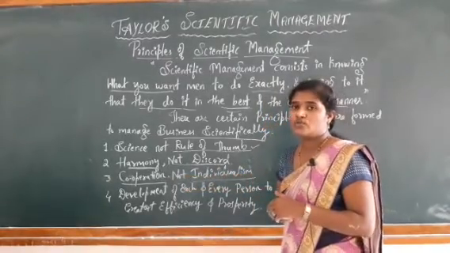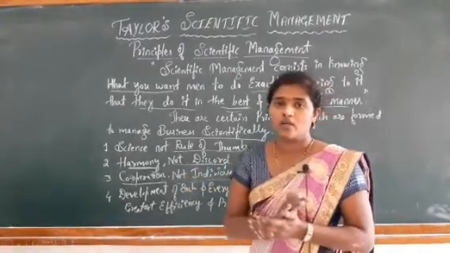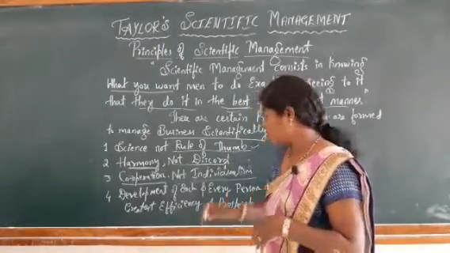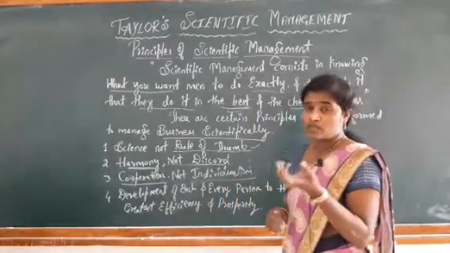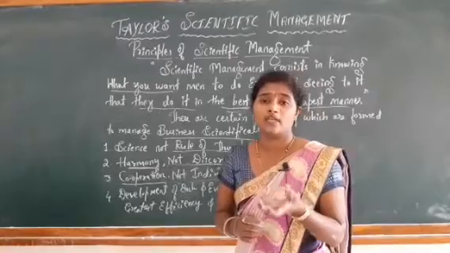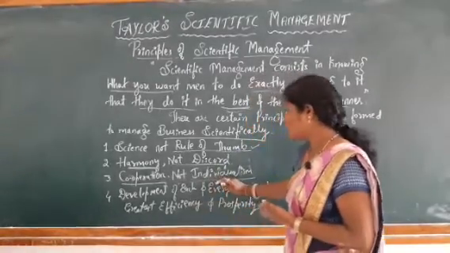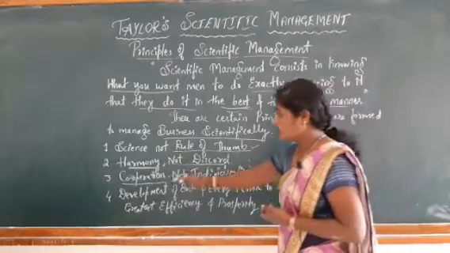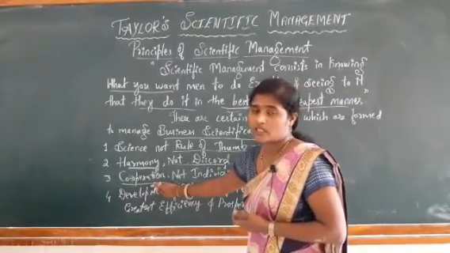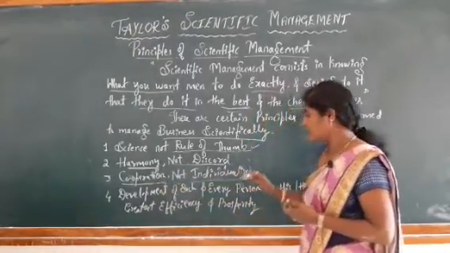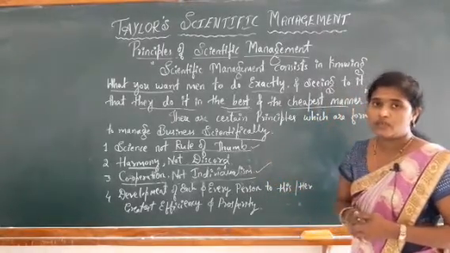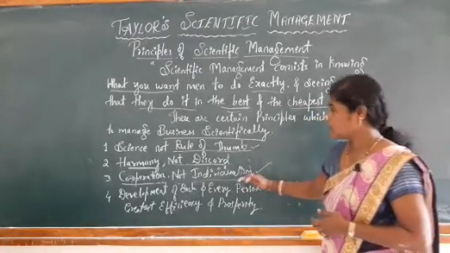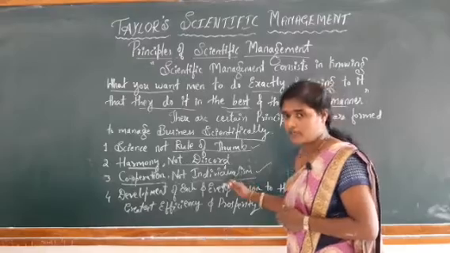Individualism means they should not behave like an order, or they cannot give good guidance. If the managers are able to give good guidelines to the workers, then there will be good communication and cooperation among the workers and managers. Then there will be a good result for the business organization. So this is about the third principle of scientific management.